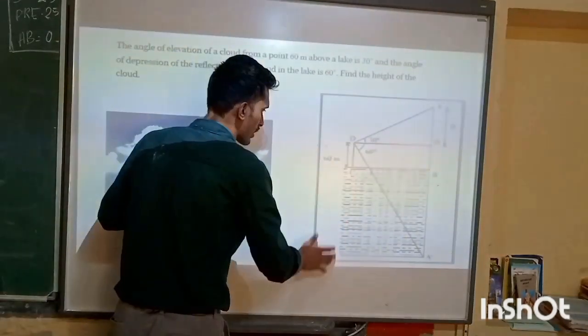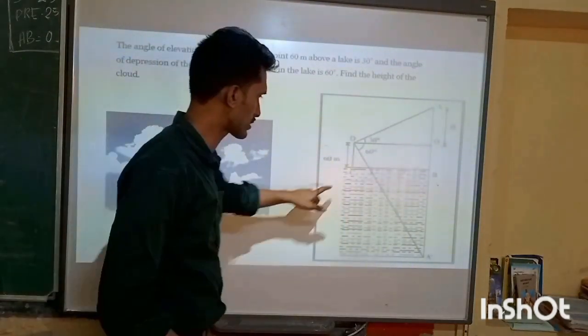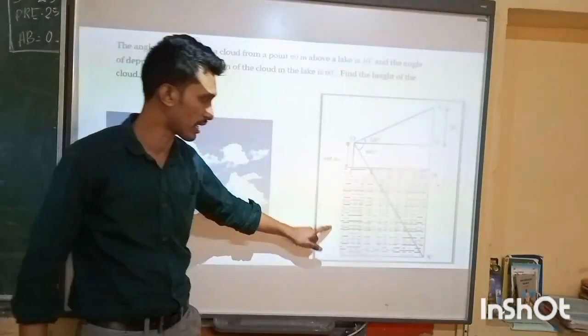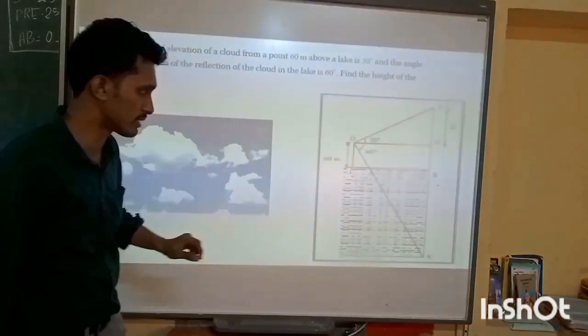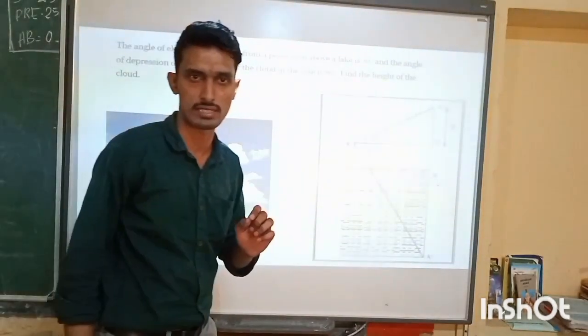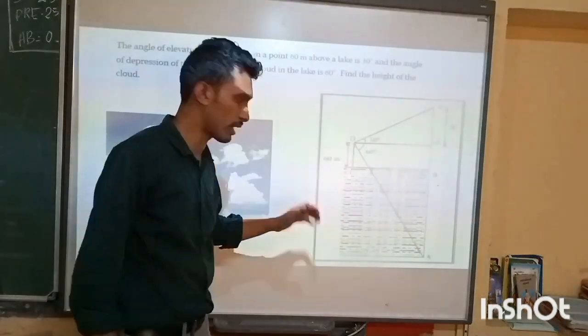So let us assume that this is a right angle triangle. From this we can find out the height of the cloud from the ground level exactly. Let us move into that.